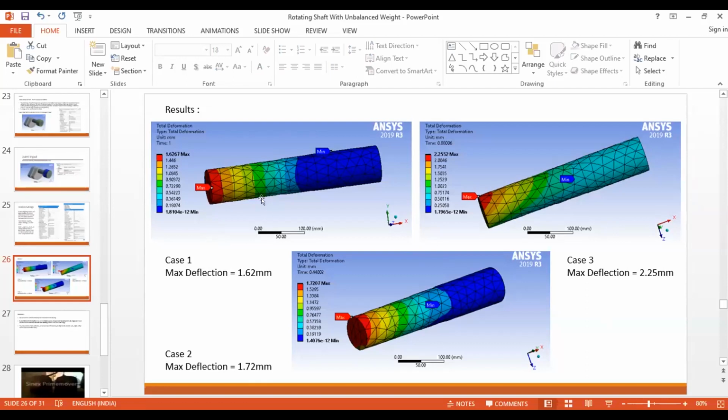You may be wondering why only the shaft is showing. I've hidden the unbalanced weight and rotor, because if I show them here, you will not get to see these maximum and minimum points.